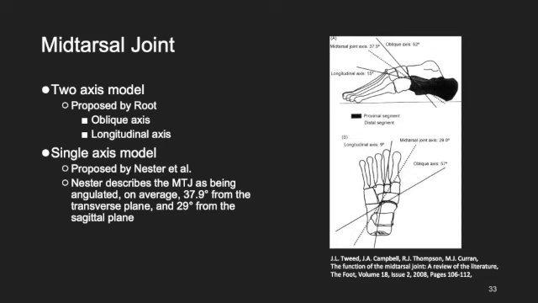What we have to understand is this works just like the rear foot. Everything's just not on one plane. Everything is just a little offset. And what that does is give us the ability to perform this triplanar motion. So not only are we going to have a triplanar motion at the rear foot, we're going to have a triplanar motion at the midfoot, and that's because everything is just offset a little bit.